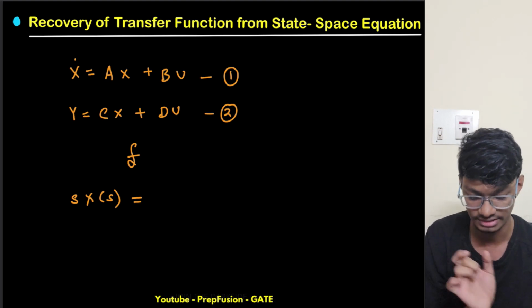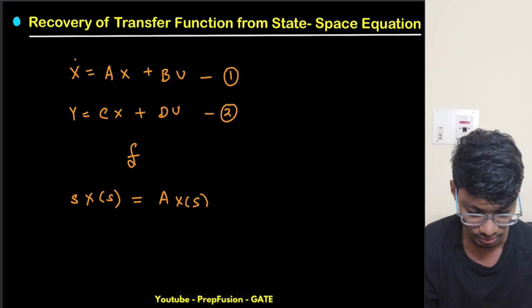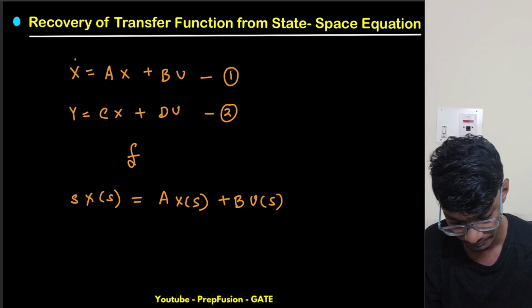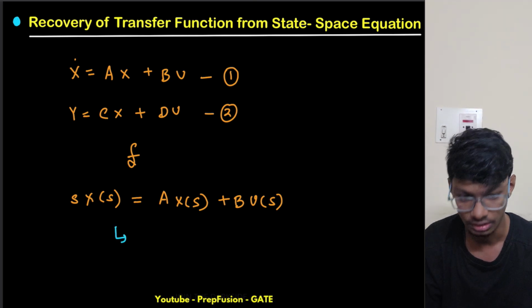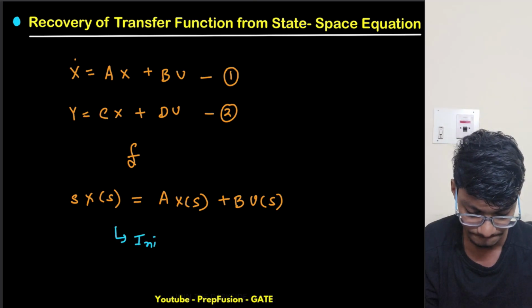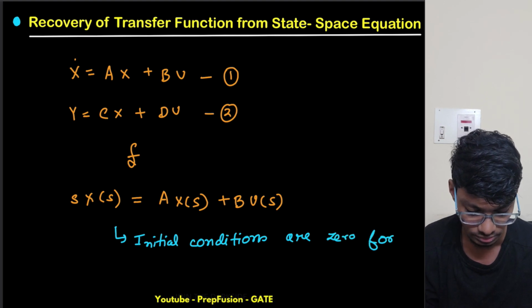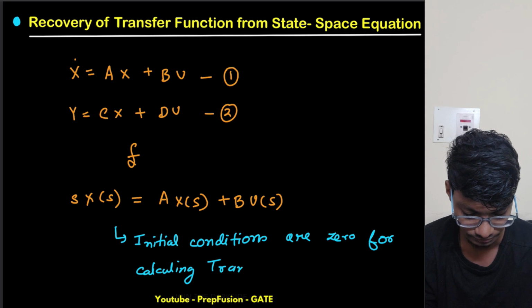So this sX(s) will directly become simply A into X(s) plus B into U(s). I will mention here also that initial conditions are 0 for calculating transfer functions.